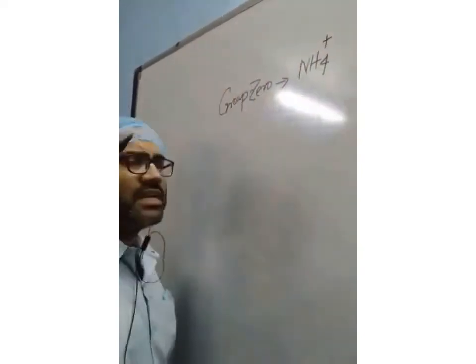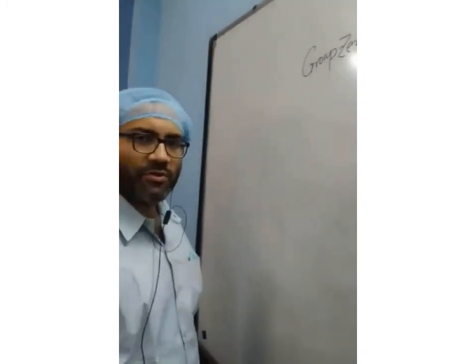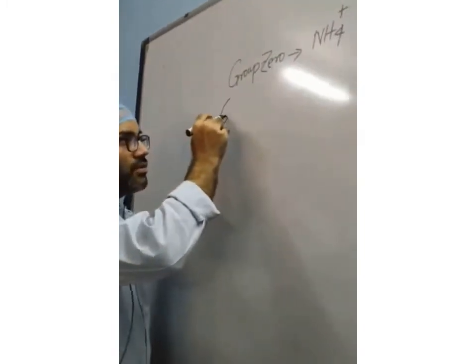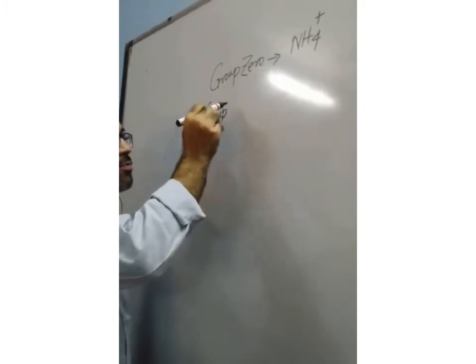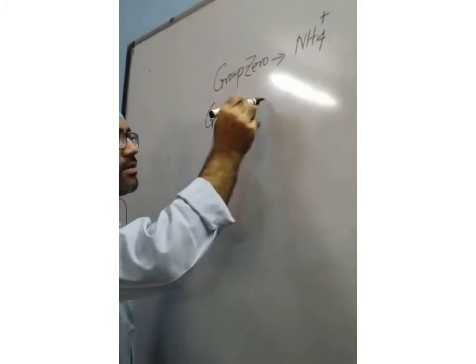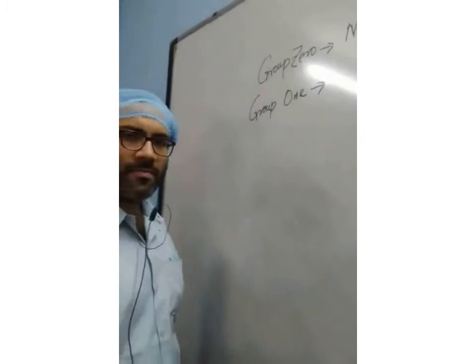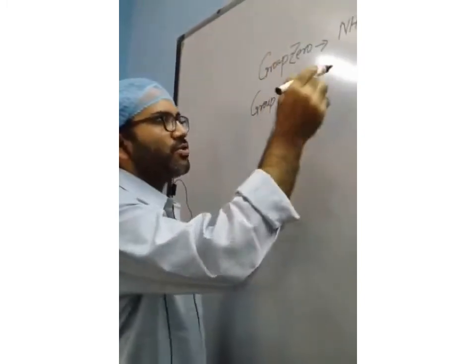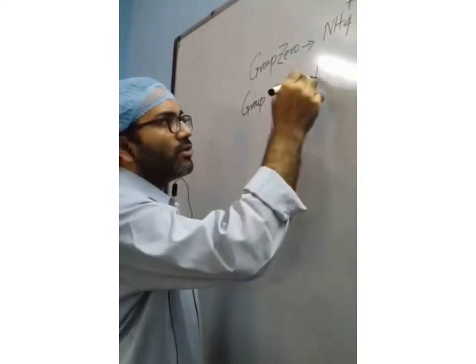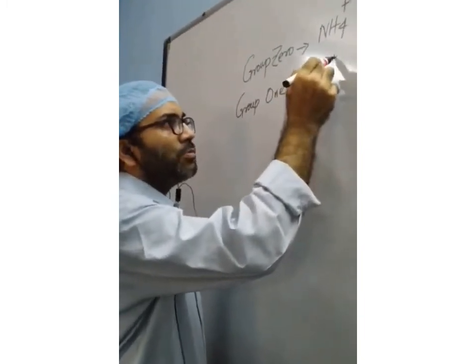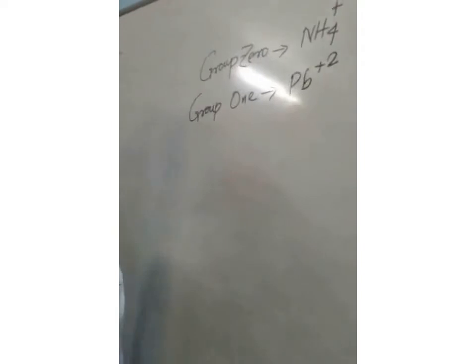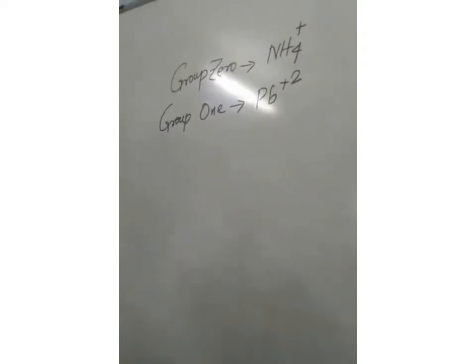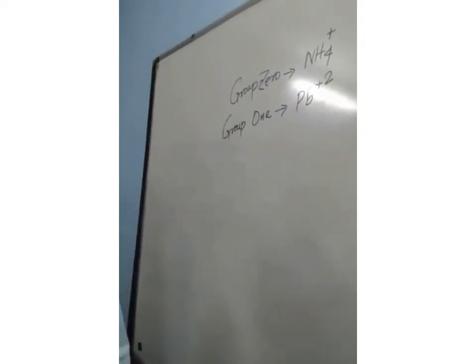NH4 plus belongs to group 0. Then we have group 1. Altogether there are a total of 6 groups. In group 1 you have Pb2 plus, only this cation.